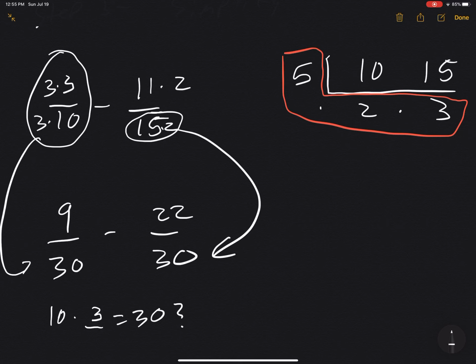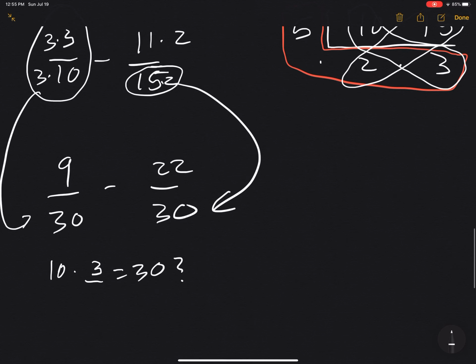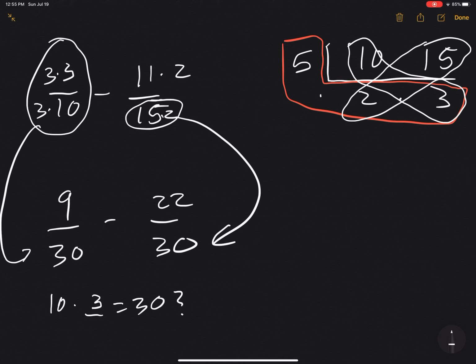Notice that I multiplied 15 by 2 and 10 by 3. If you're comfortable with the division box, it will always turn out like this. Your final numbers at the bottom, if you cross-circle them, you'll always end up with what you need to multiply by in a fraction. If that's confusing, skip it and just think about it.